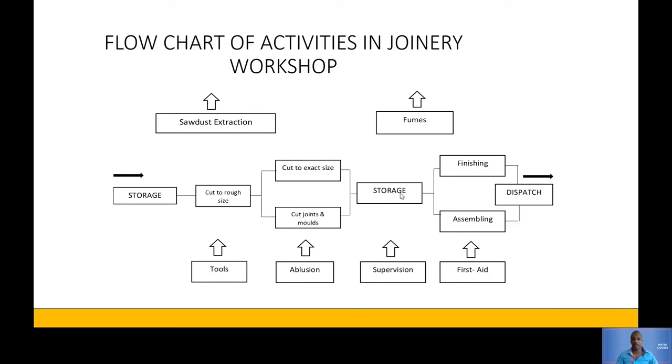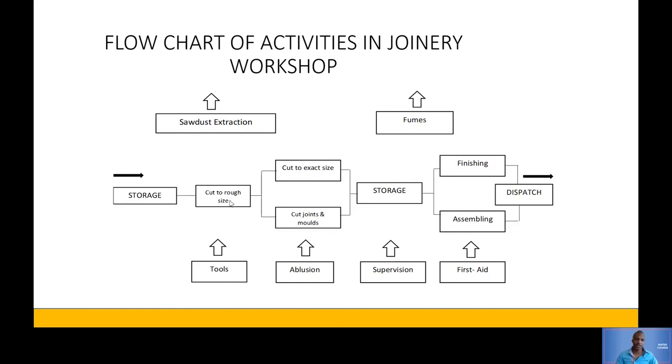And then from there it goes to the storage, and then the finishes, things like painting it. So you paint it or assemble the patterns that they wanted, the extra stuff they wanted on the door, and then dispatch.